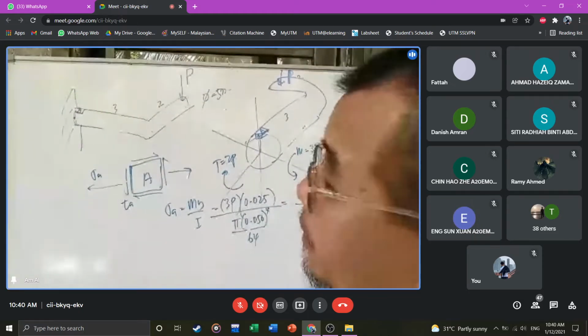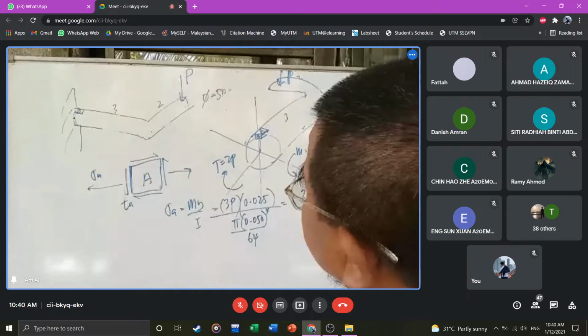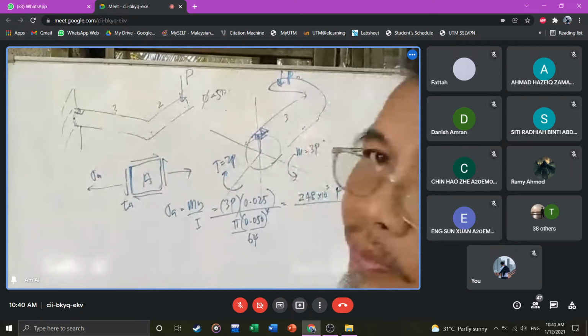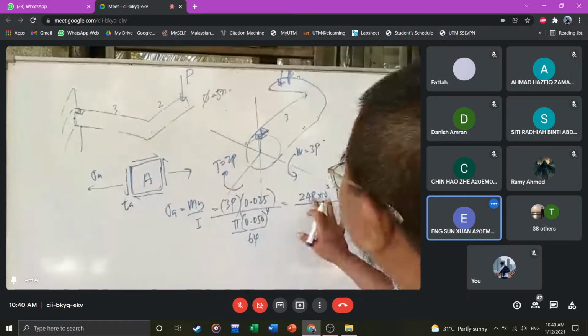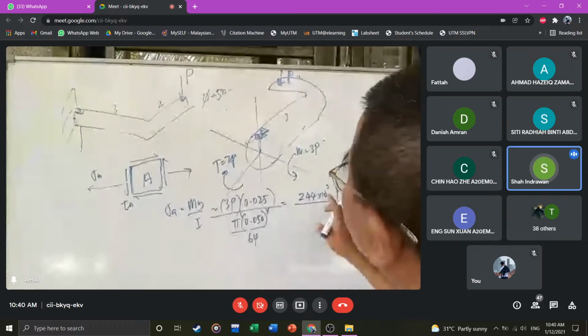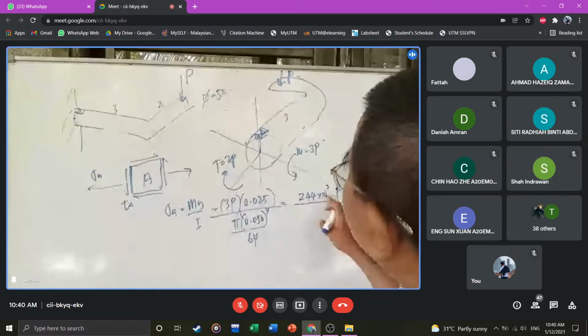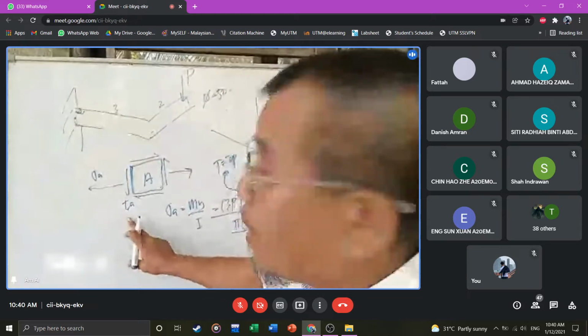Anybody else confirm it? 244 times 10 to the power of 3 P. Same. 244 times 10 to the power of 3 P. Okay, no problem. Okay. Now we calculate the tau there.